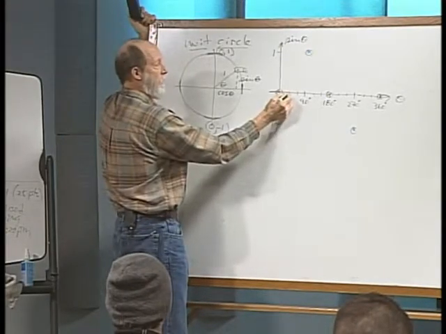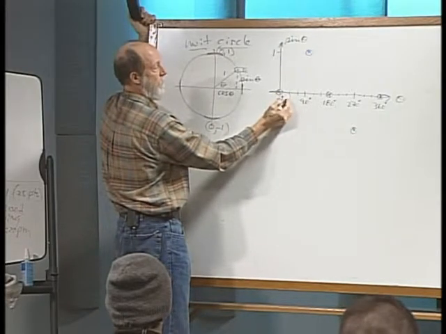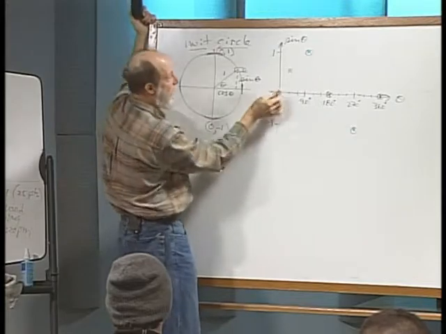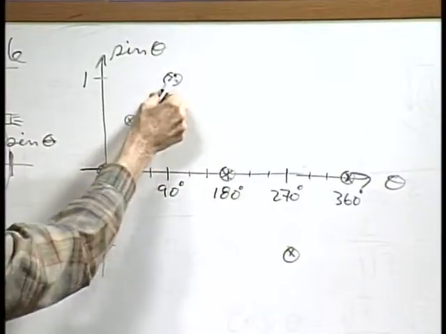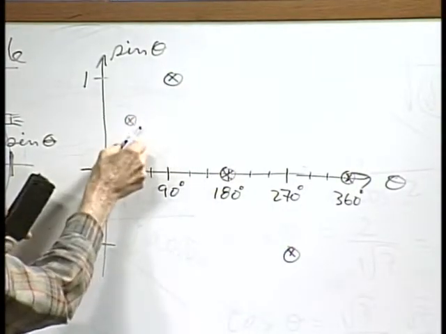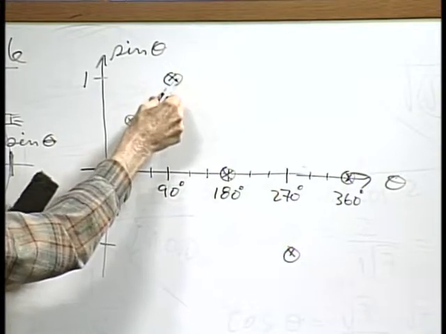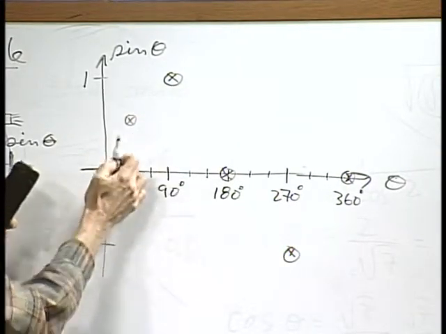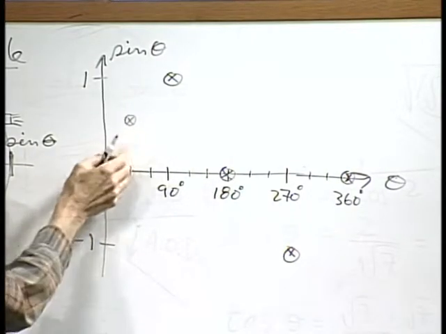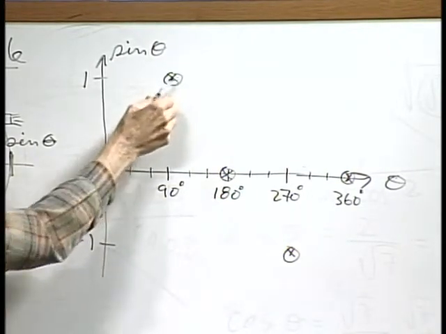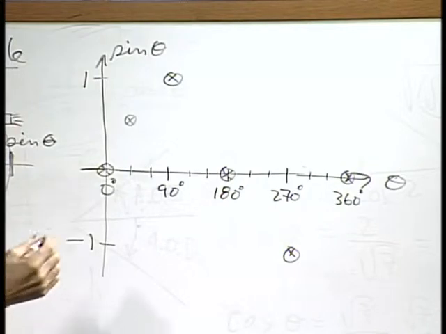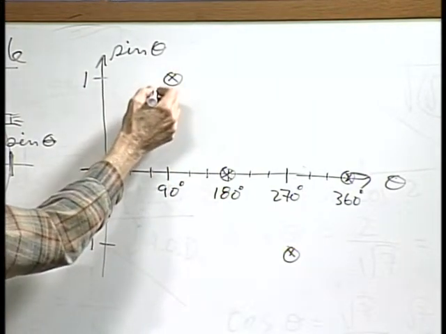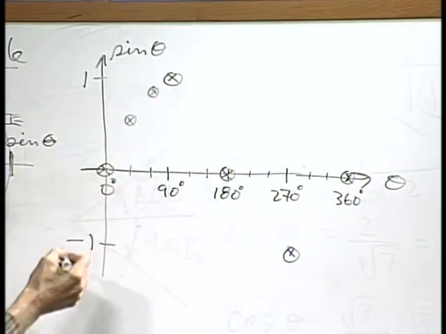When you're at 30 degrees, you're already up at a half, aren't you? That's higher than if you were a third of the way over towards 90, where you'd only be up a third of the height on a straight line. Okay, then when you get to 60 degrees, you're at square root of 3 over 2, which is 0.866.